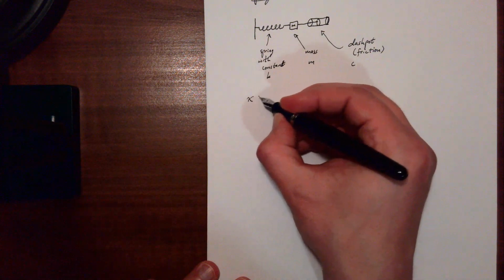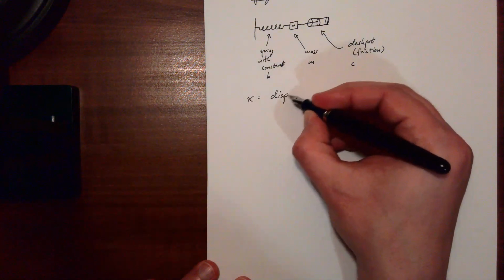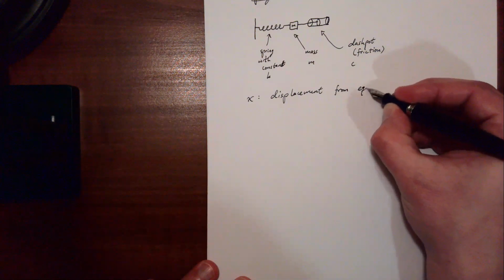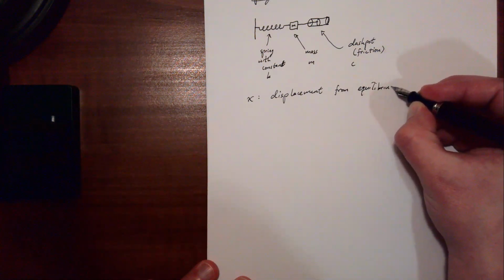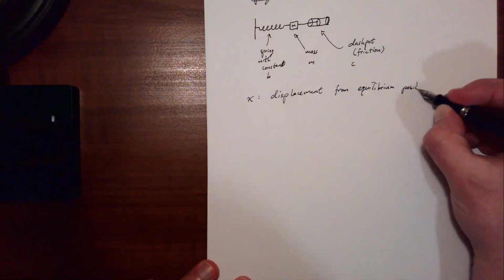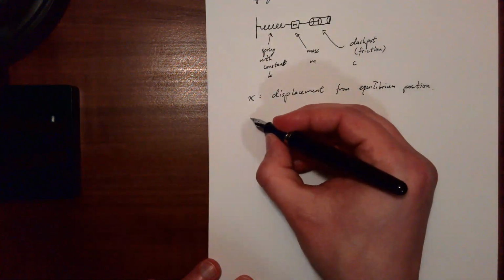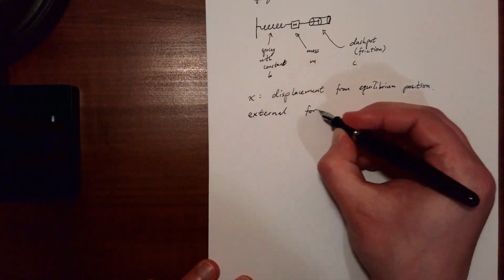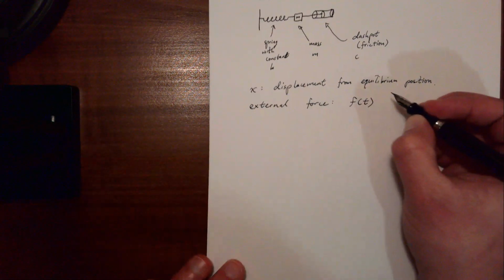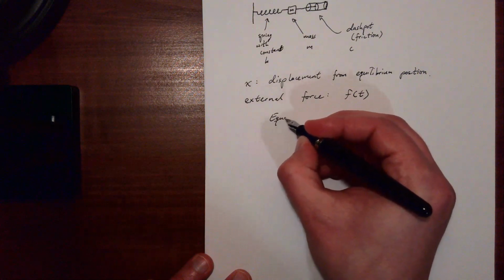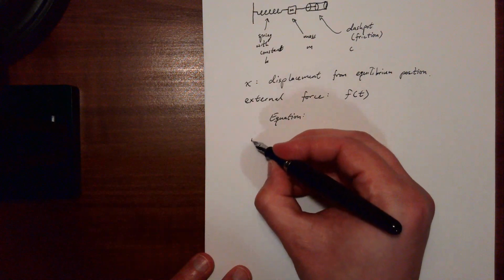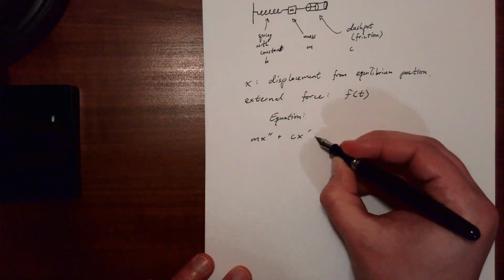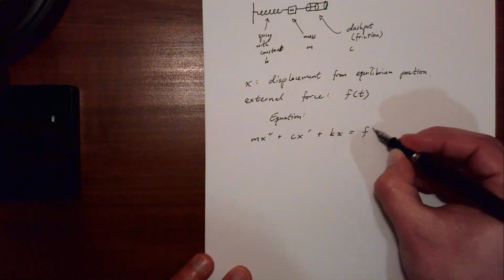Then, if x represents the displacement from the equilibrium position, and there's an external force called F of t, then our equation would be m x double prime plus c x prime plus k x equals F of t.